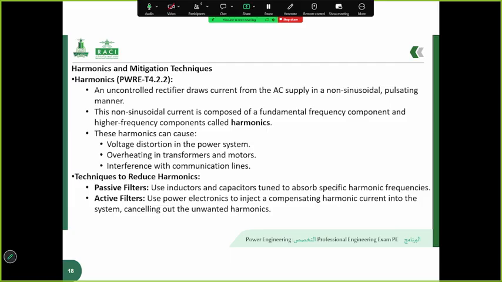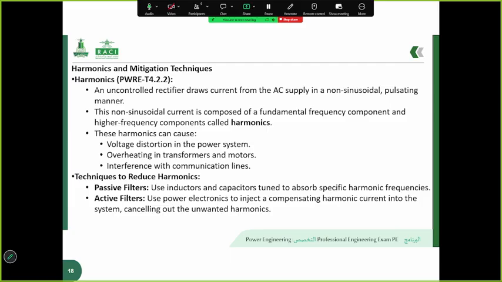So harmonics are a significant concern in power systems because they can lead to multiple negative effects. First, they cause voltage distortion across the network, which reduces the overall power quality. Second, they increase losses and overheating in electrical equipment such as transformers and motors, reducing their lifespan and efficiency. Finally, harmonics can produce electromagnetic interference that disrupts sensitive equipment and communication lines.